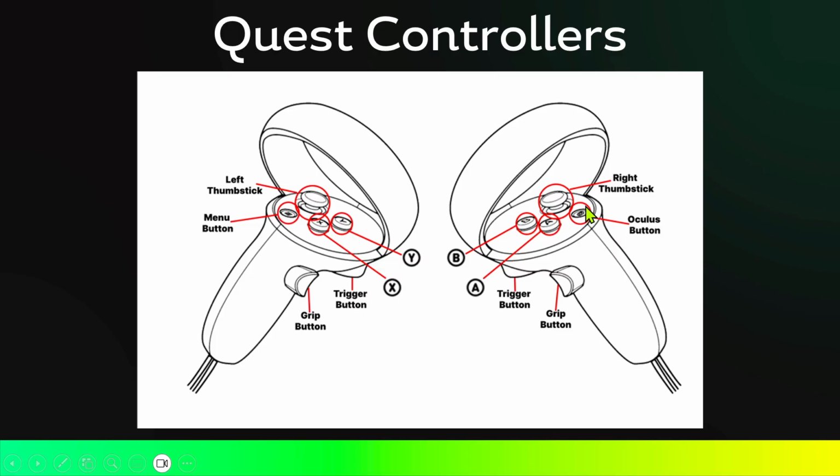However, the Oculus button is now called the Meta button. When you hold this button down, it will recenter your view. This is really useful if you're in VR and you're not exactly sure where you are, or you're kind of lost, or the menu isn't right in front of you and it's somewhere else.